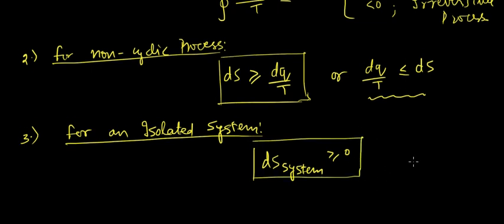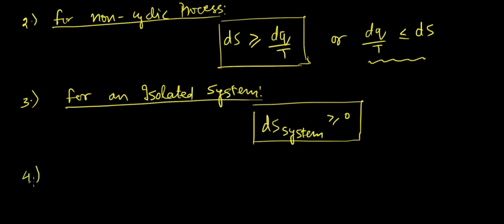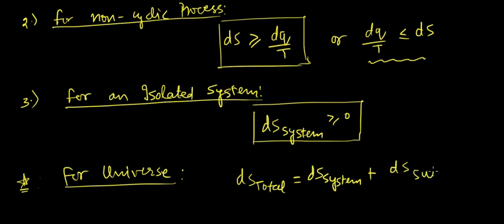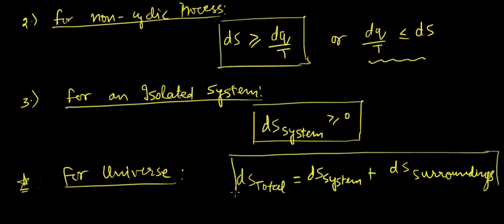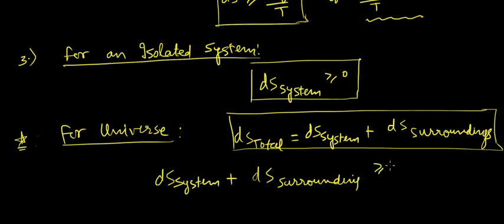There is one more, not an inequality, but in general for the universe we can say that dS total, the total change in entropy, would be equal to change in entropy of system plus change in entropy of surroundings, and this is greater than or equal to 0.